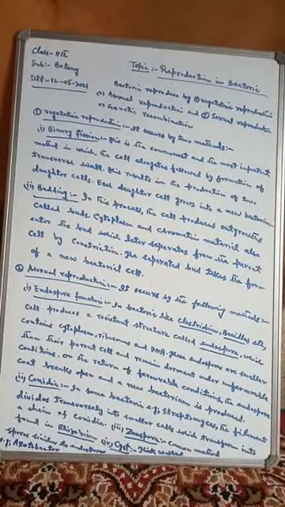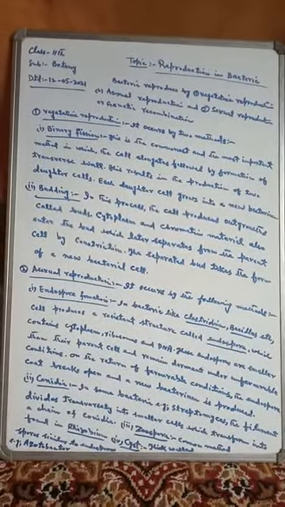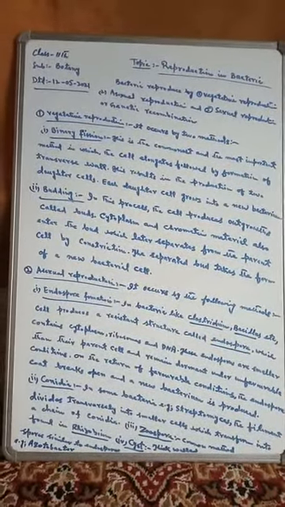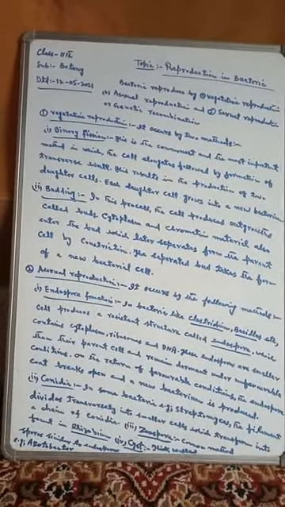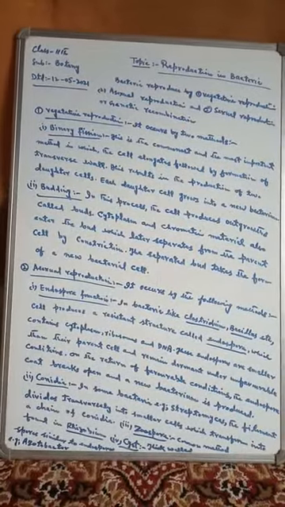Now, taking the vegetative mode of reproduction, it occurs by two methods. So you should remember here that the vegetative form of reproduction found in bacteria occurs by two methods. One is the binary fission, while the second is the budding.